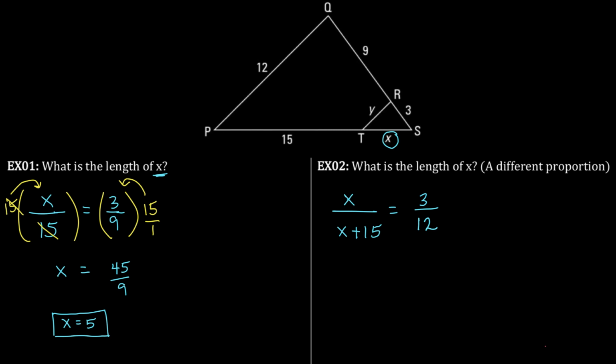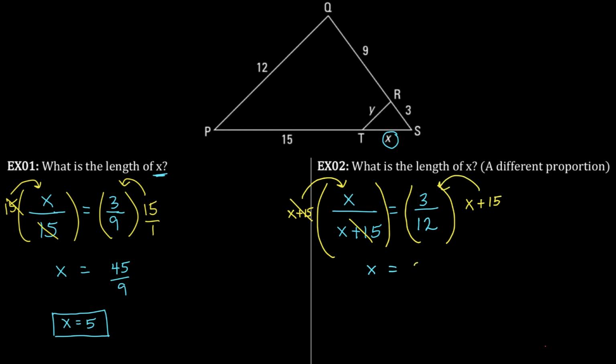Here we end up with x plus 15 on the bottom. So I'm going to multiply both sides by x plus 15, so that these go away. I end up with x equals 3x, 15 times 3 is 45, so 3x plus 45.